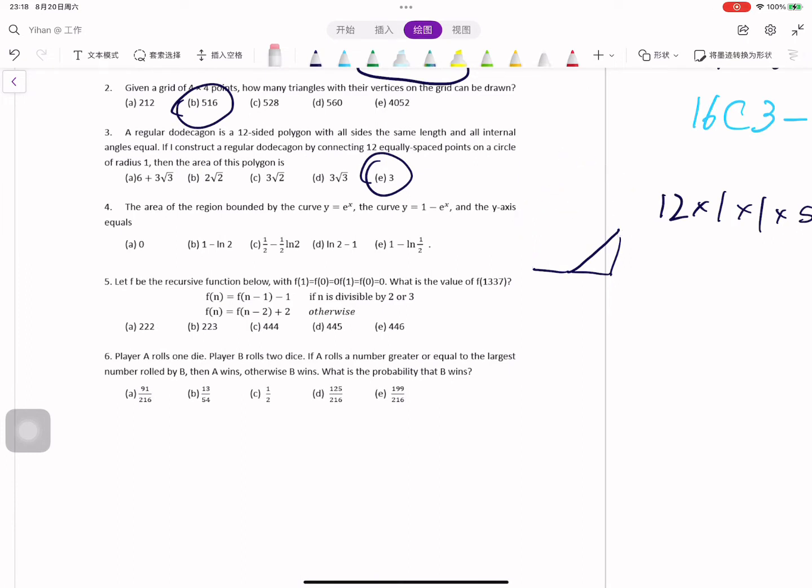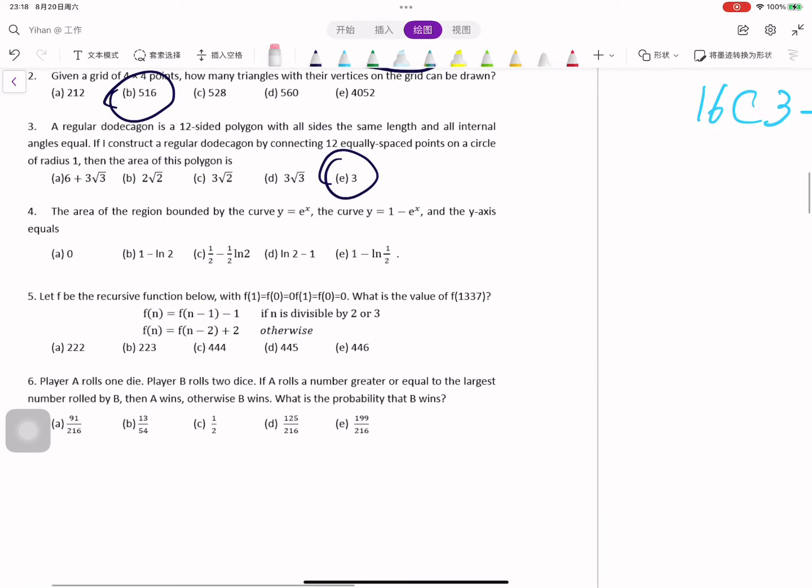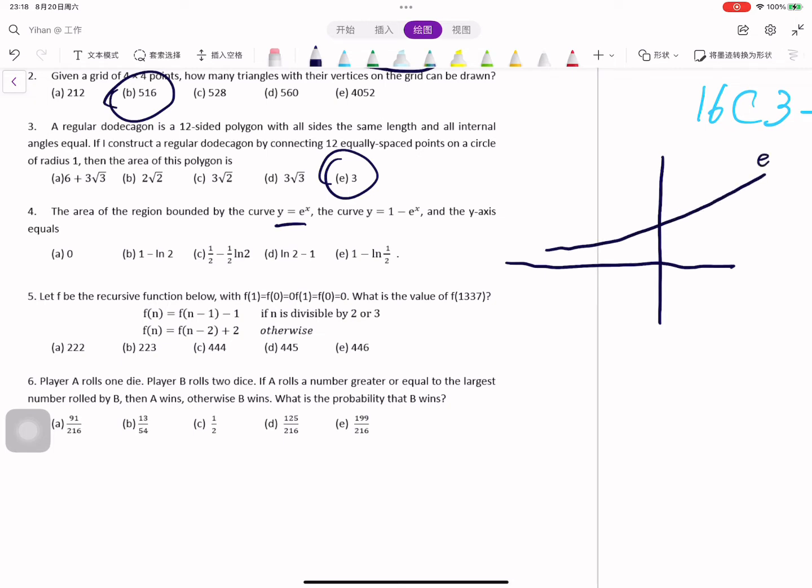Then we go to the fourth question. And it's not a very easy question because someone will make some mistake when doing this question. Let us draw the diagram. So first we draw this curve, y equals e to the power of x. And I think it's easy.